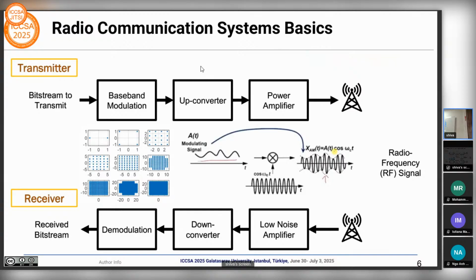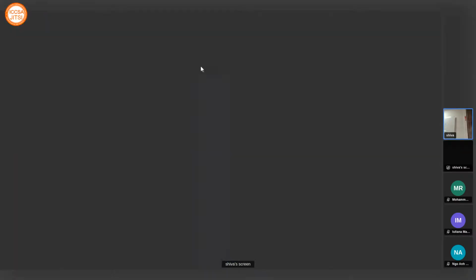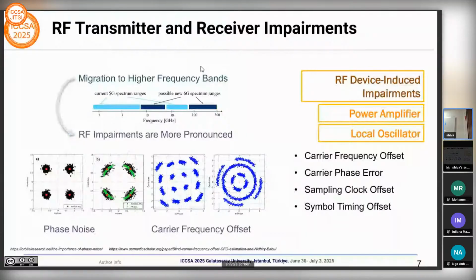But the idea is the modulation: take bits and generate a constellation that maps the bits onto the waveform. And discovering the type of modulation we are using in a very heterogeneous scenario is very important and is one of the goals of this work. As I mentioned, systems are not perfect, they are not ideal, they are imperfect.